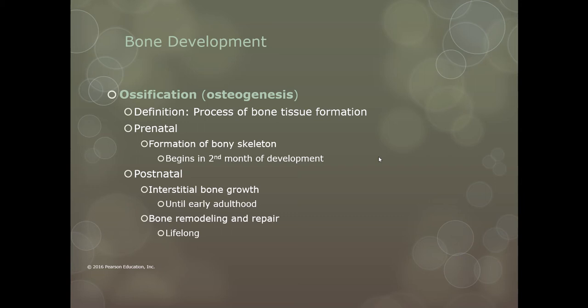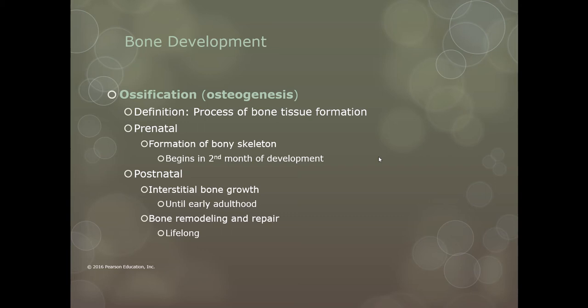And ossification takes place in three periods, right? So we have prenatal, in utero, which is the actual formation of our bony skeleton. Typically it starts around the second month of development, about 8 weeks or so.